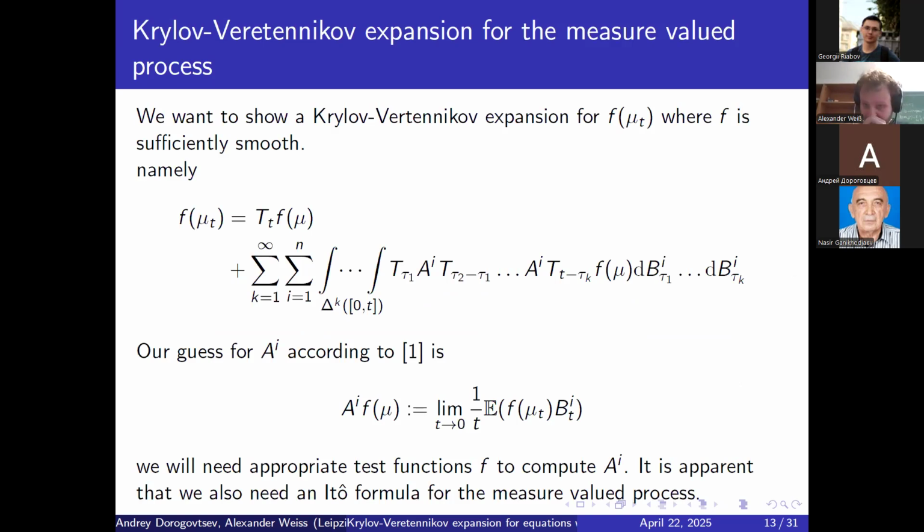Then, after we have discussed the existence and uniqueness, we will now come back to the Krylov-Veretennikov expansion.